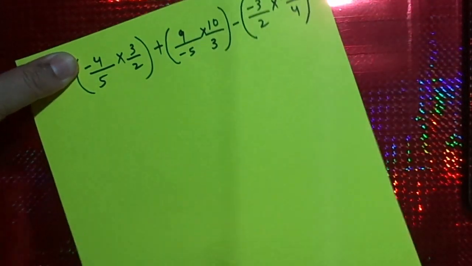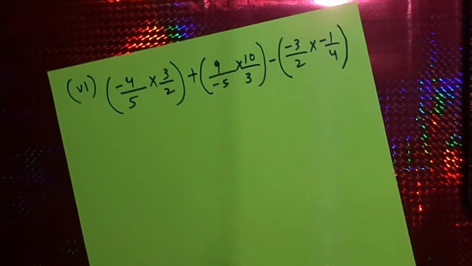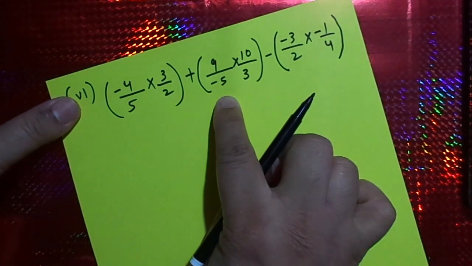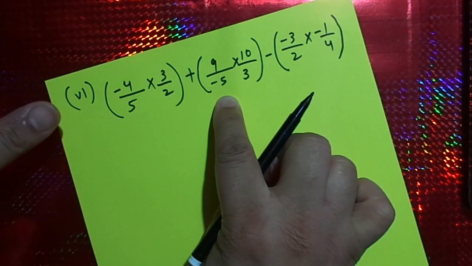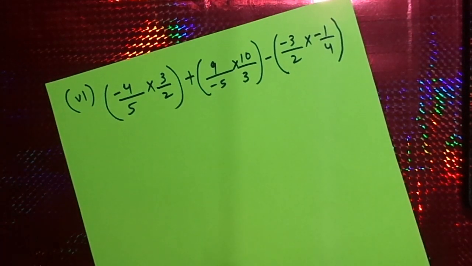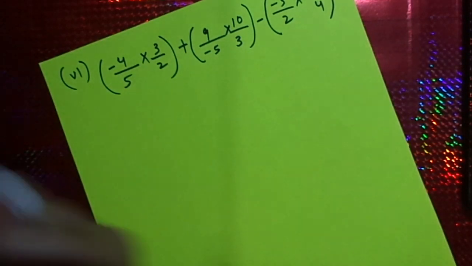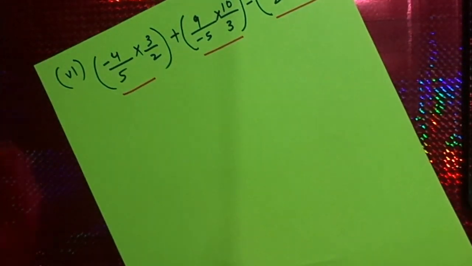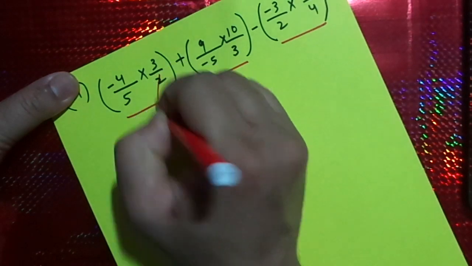Make sure, my children, that your first step before solving a sum is to copy the question correctly. Even in the examination you make lots and lots of mistakes. So let's see. I am going to simplify each of these brackets and reduce it into a simple fraction, but I have to check whether they will cancel or not.